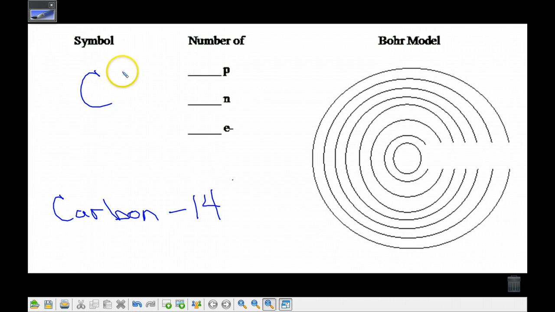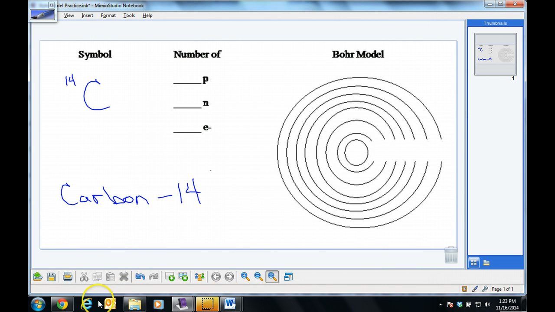Always 2, possibly 3. Well, carbon 14, that 14 is the mass number, and that goes in the top left corner. Well, now I need the atomic number, the number of protons, the number I told you I would stop telling you.